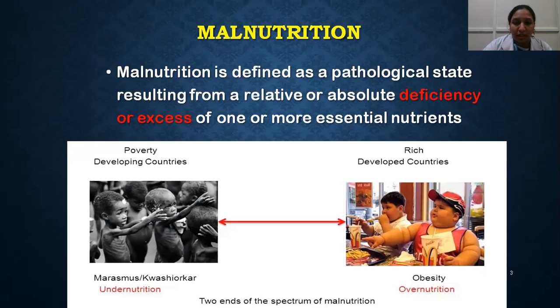So both are ends of malnutrition, both ends of a sword. But usually when we discuss, we term it as undernutrition only. So malnutrition usually means undernutrition, but the actual definition would include both sides of it.